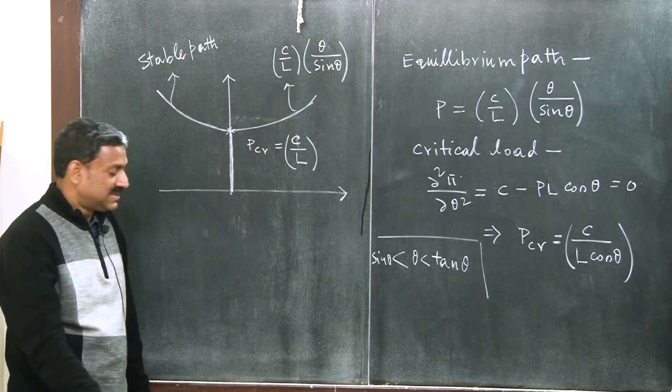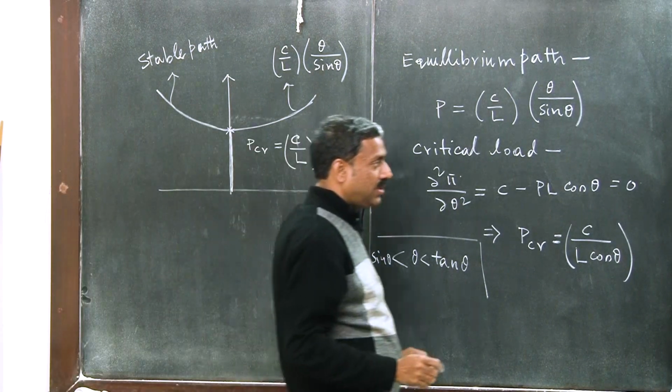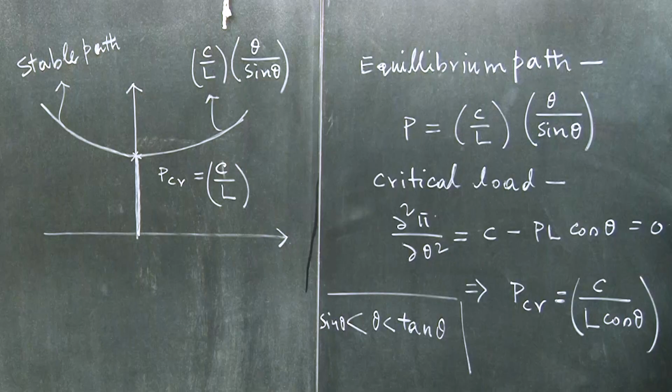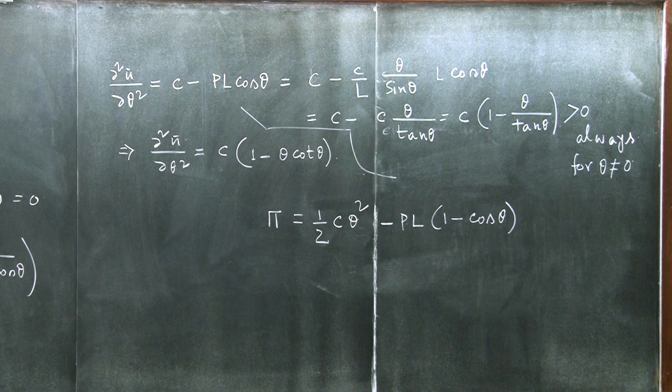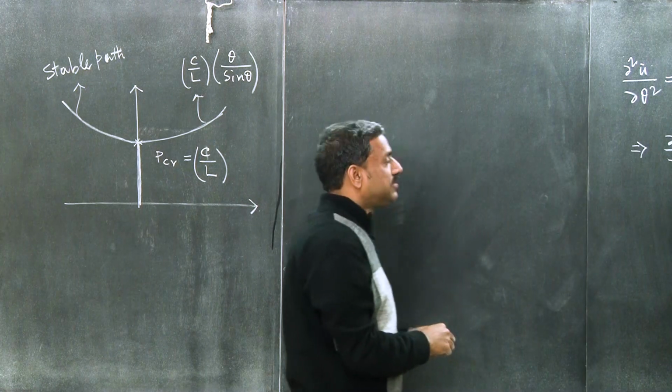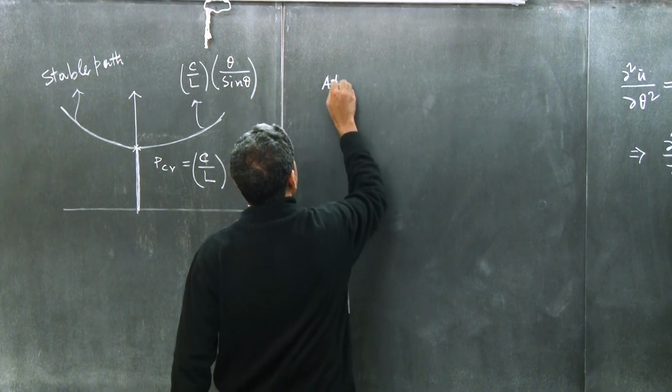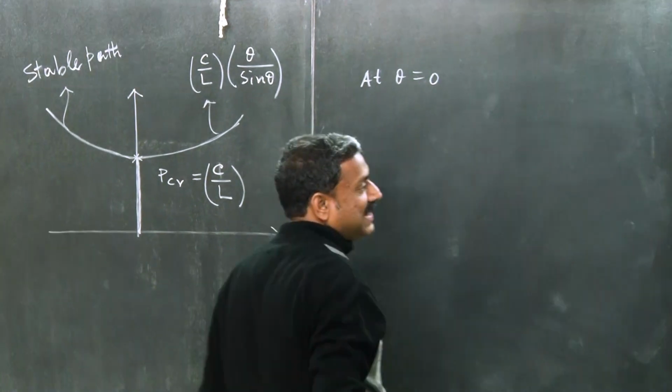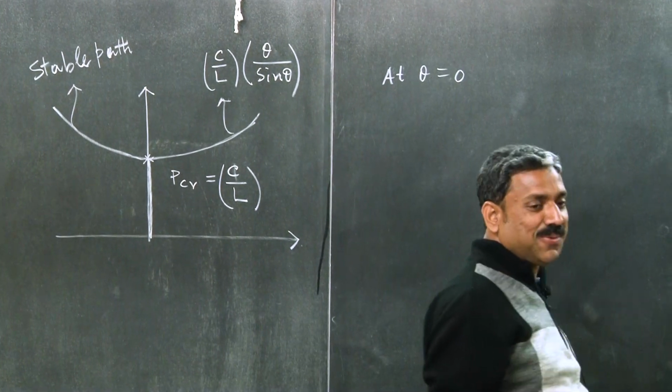One more piece of information I would like to give you: what will happen at theta equal to 0? See, at theta equal to 0, theta by tan theta is 1.